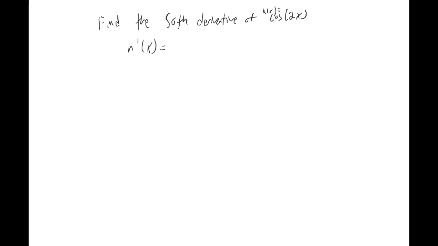If you notice, the derivative of cosine is something sine, and the derivative of sine is cosine. So after 2 times, I basically get some cosine back. So you can see that eventually there's going to be a pattern.